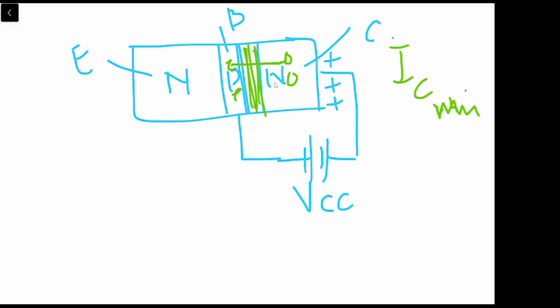Can you hear me? Yes, sir. So what is happening is that there is a small amount of current due to the minority carriers due to this biasing.